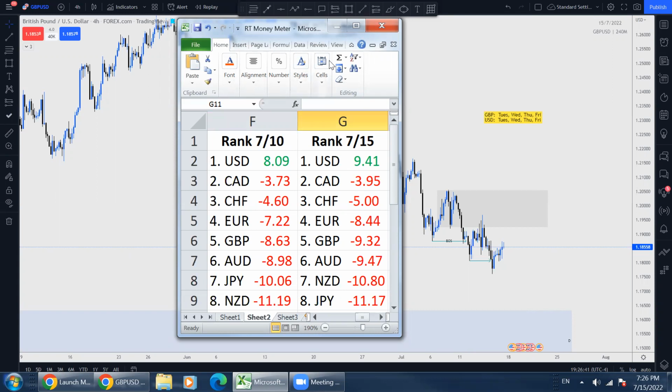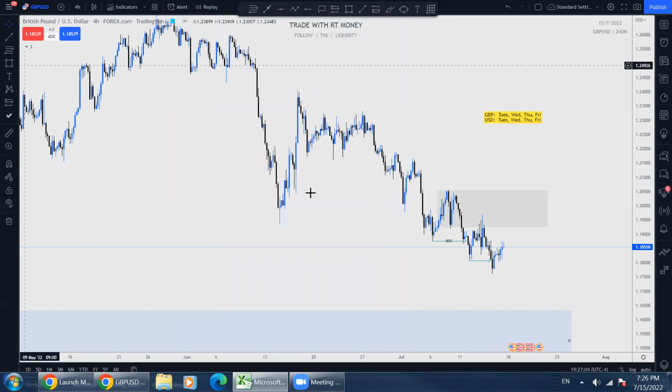That pullback was rather shallow, and then it started to surge a little bit. And the pound, on the other hand, was last week at minus 8.63, and this week it's at minus 9.32. It is trending in the other direction. Aha, those are my favorite types to put together, because those give higher probabilities of success on trades, right?